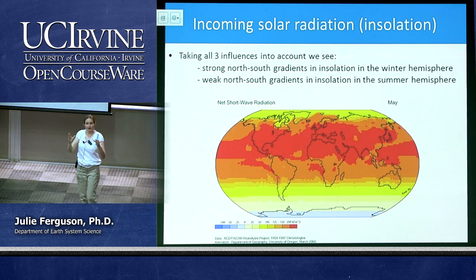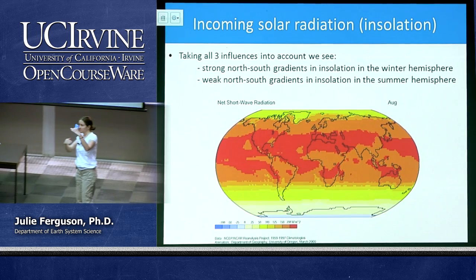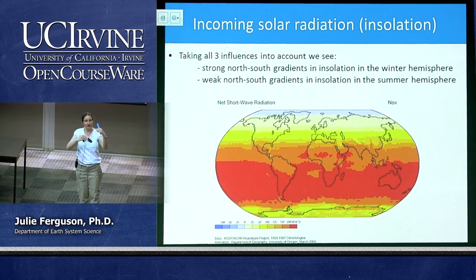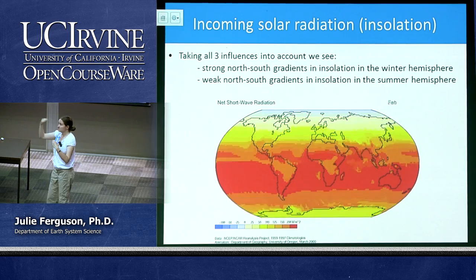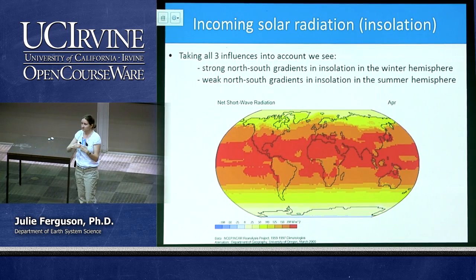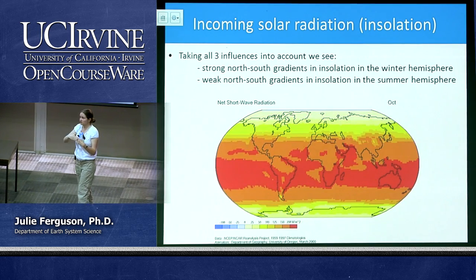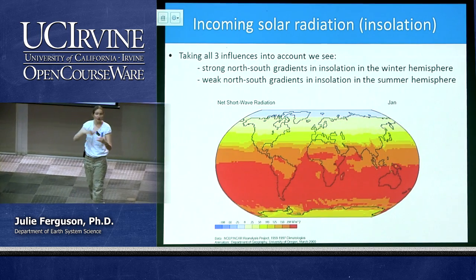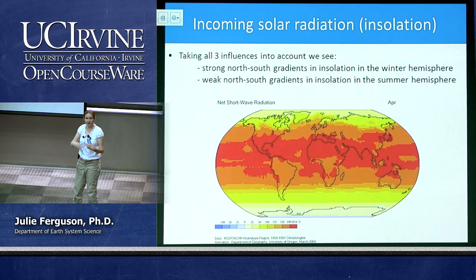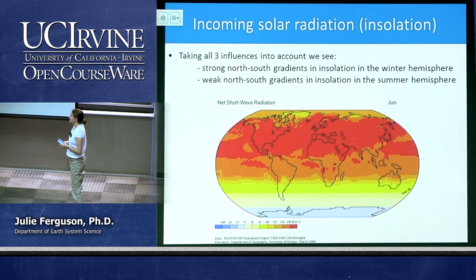Okay? And you can see that in that summer hemisphere, whether it's north or south, when it's summer, there isn't really much of a difference between the pole and the equator. And that's quite important because that difference in temperature between the pole and the equator is what drives a lot of our weather. It drives a lot of the movement of the atmosphere and the oceans.